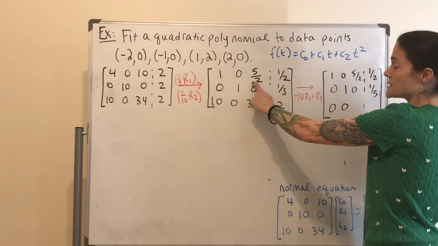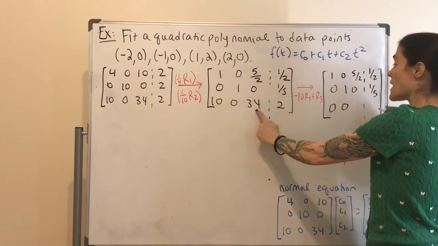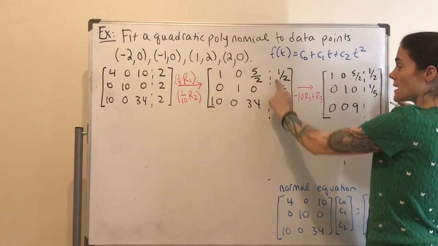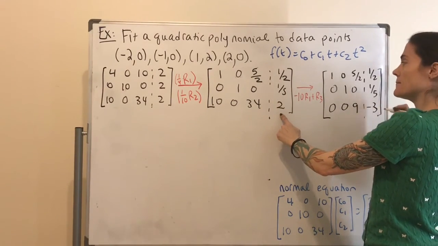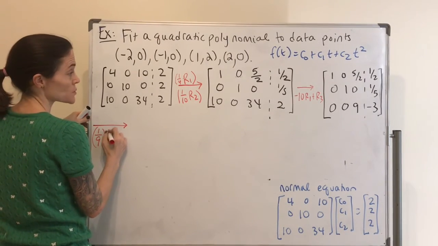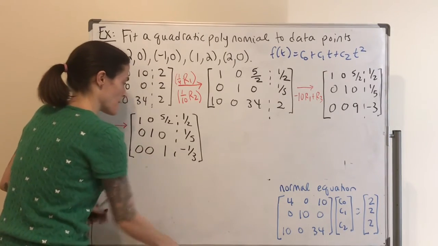Multiply this by minus 10, it becomes 25. This is a 9. And then this is -5. This is -3. I'm going to take 1/9 times row 3 and one more.